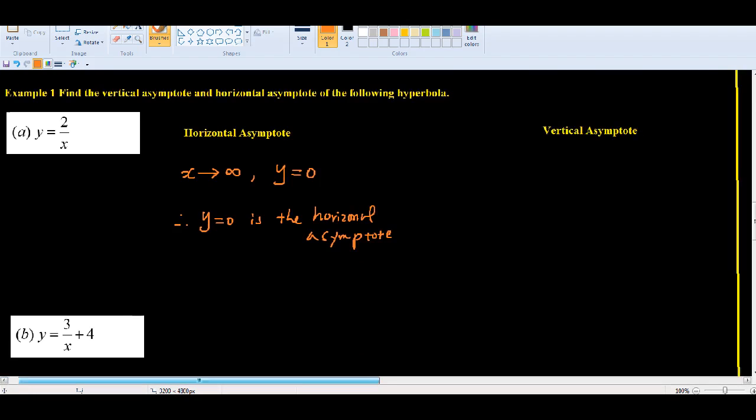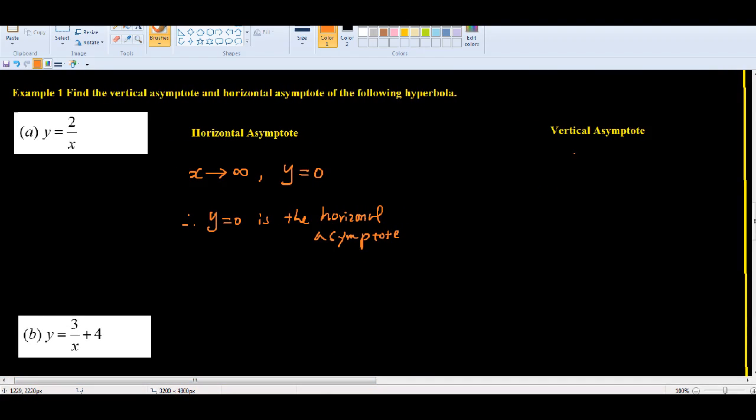Okay, how could we find the vertical asymptote? Vertical asymptote happens when y is undefined. So when y is undefined, the denominator of the fraction must be 0. So we put x equals 0.